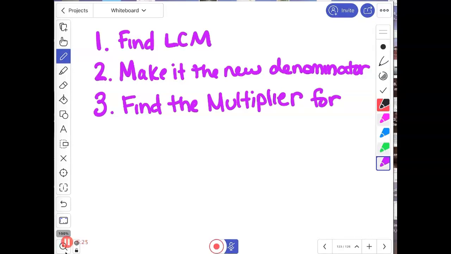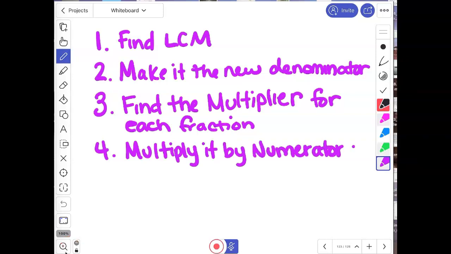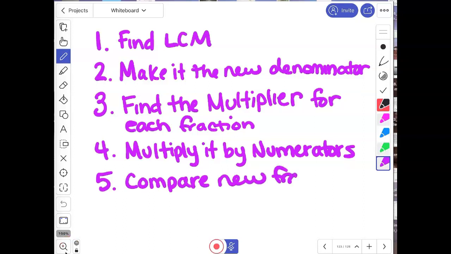I guess it's different on both fractions. Multiply the numerator. And step 5 is compare. Pause and make sure you have this written down, because I'm going into practice now and I want you to be able to use these notes. Pause and copy.